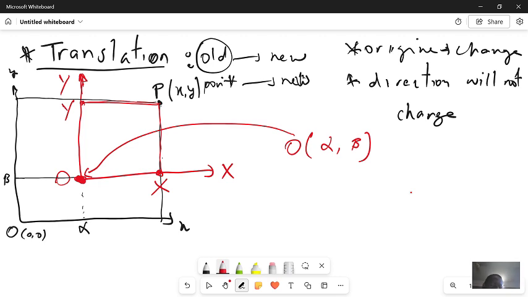If I see the value of the coordinate of point P, it is x from here to here.